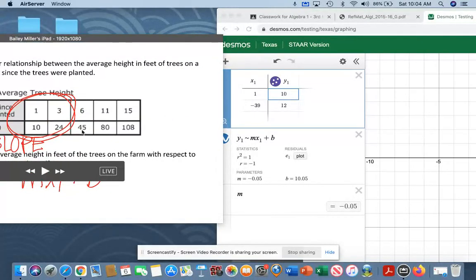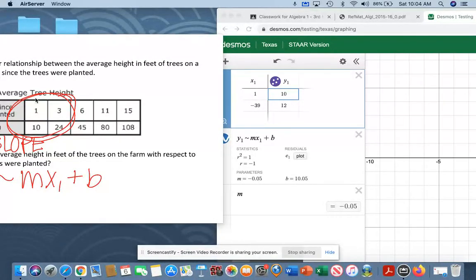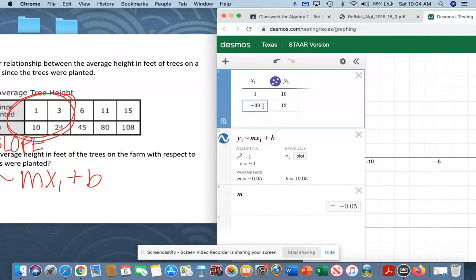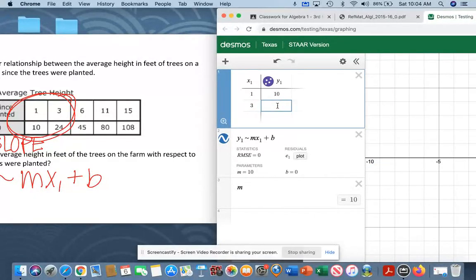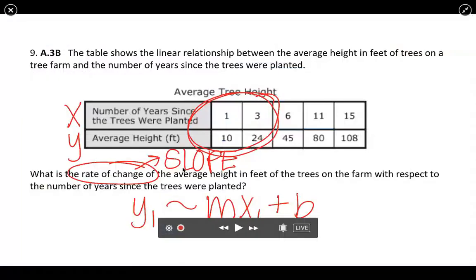So make sure you don't say like, oh, 1, 3, 1, 3, and then 10, 24. This is your first x. This is your first y. So first x is 1. First y is 10. Second x is 3. Second y is 24. And again, I already have this y1 squiggly plugged in, so my slope is 7.